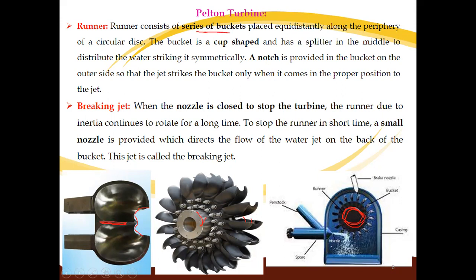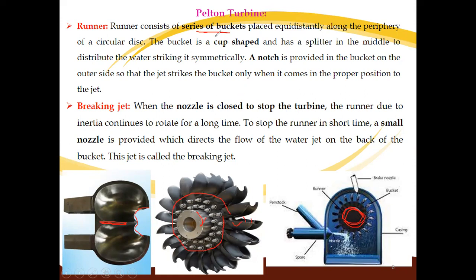For example, this is a runner, and there are a number of buckets: 1, 2, 3, up to 16. So 16 buckets or vanes are there, and they are the forward type, not the backward type. The backward type of buckets or vanes is used in a pump, and the forward type of buckets or vanes is used in a turbine.